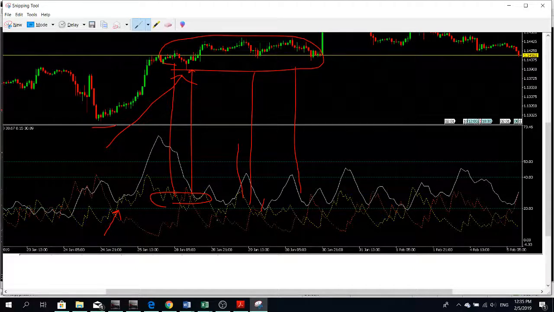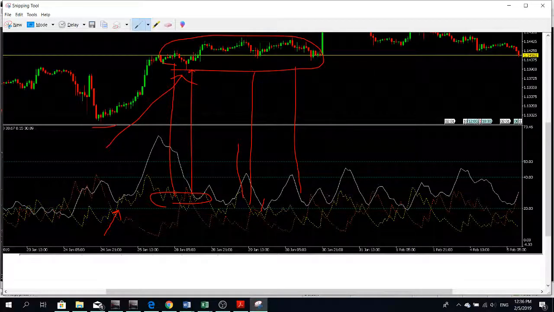And if you see the difference during a side movement, between these two lines, DI plus and DI minus, they are not that far from each other. When they are so close together, it means that we have a side movement.